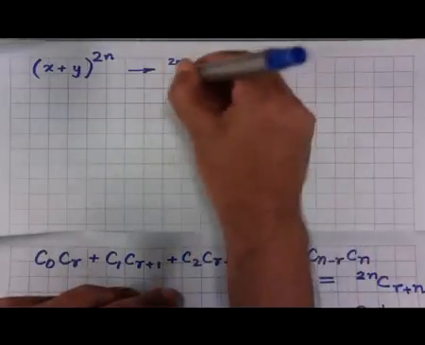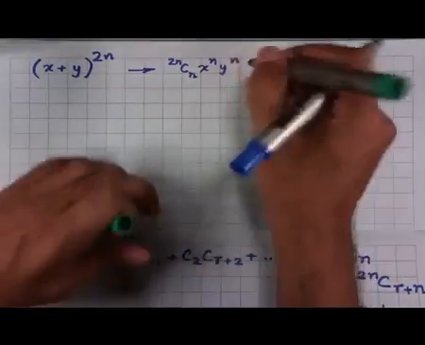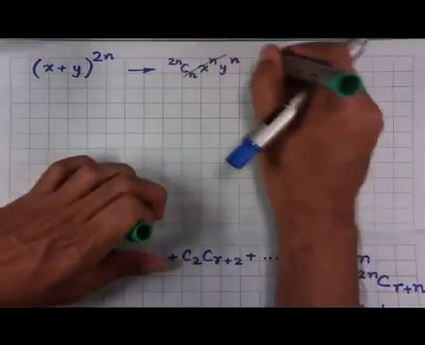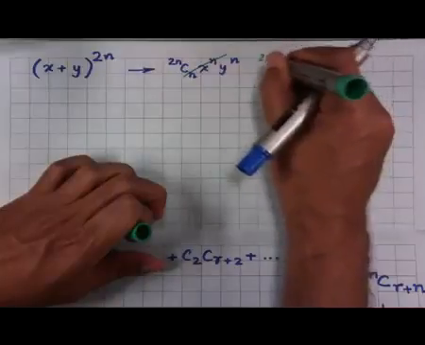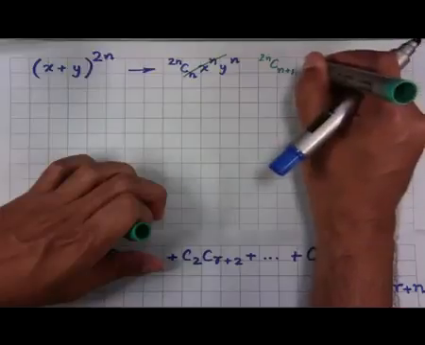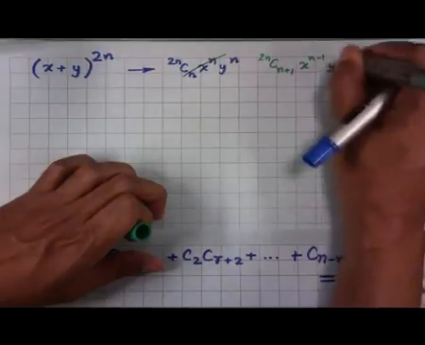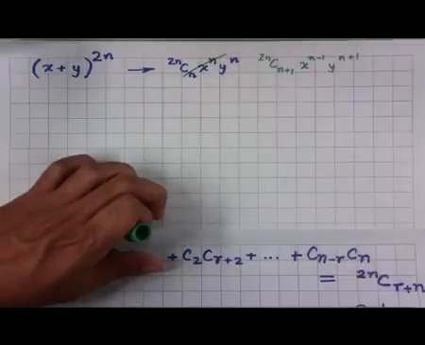So, this is not it. If I look at the next term, then it is 2nC(n+1), and then the power of x decreases by 1 and the power of y increases by 1. This is also not it.